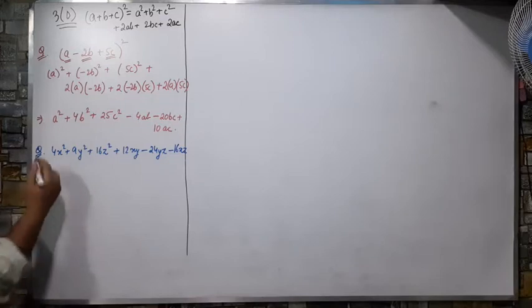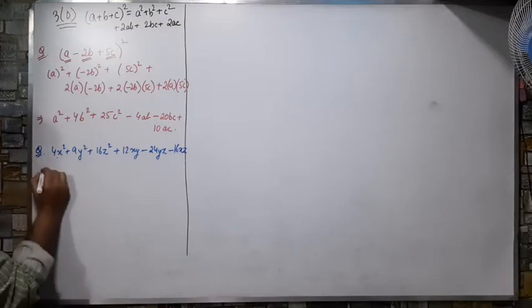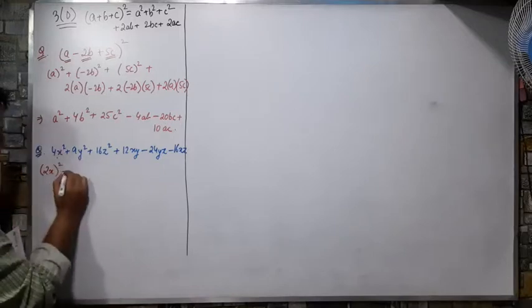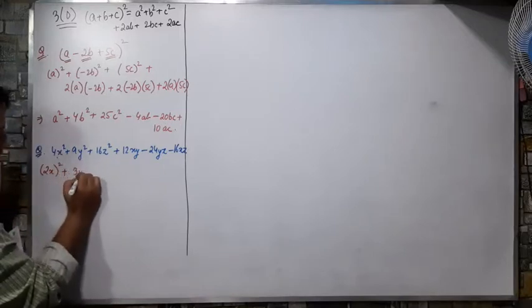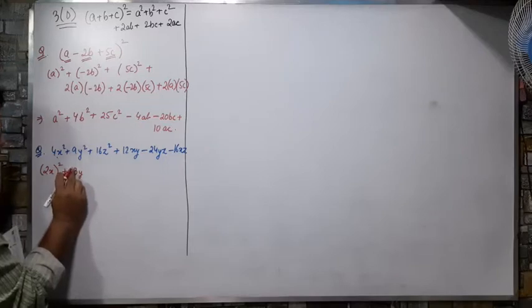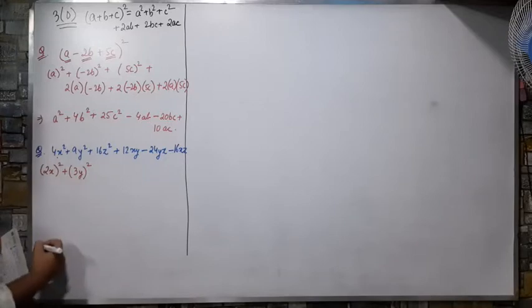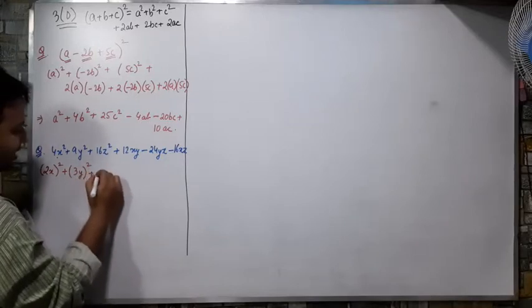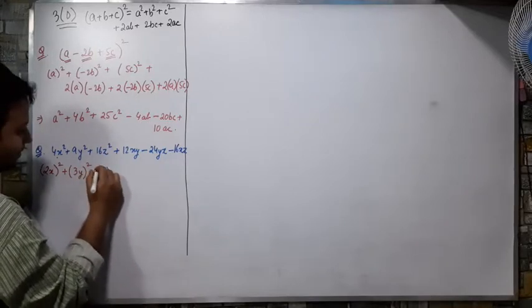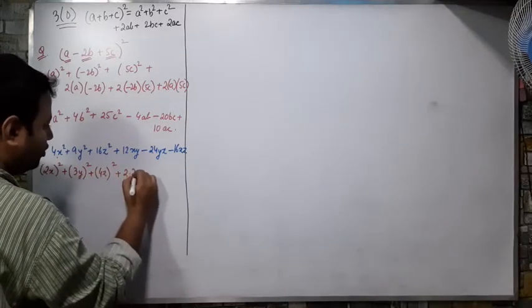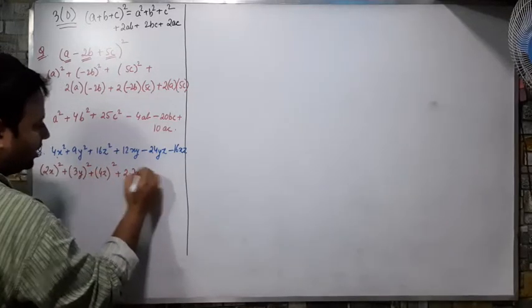First of all, I will try to break this one. 4x square can be written as (2x) whole square. 9y square can be written as (3y) whole square. Now 16z square can be written as (4z) whole square. Plus, this can be written as 2 into 2x into 3y.